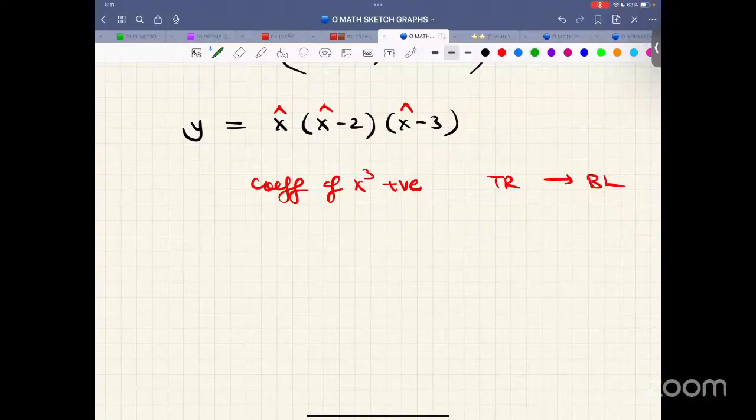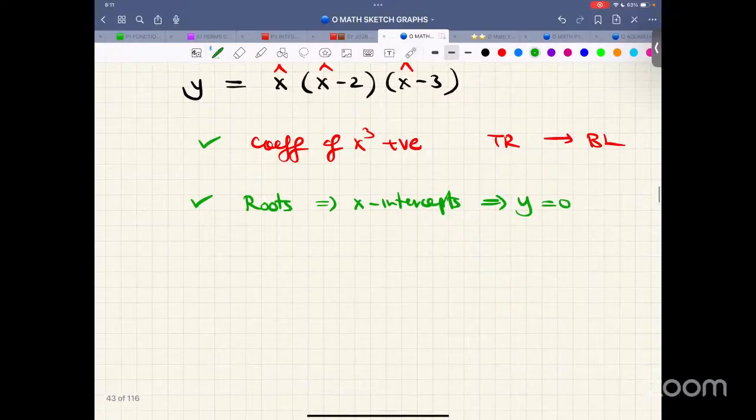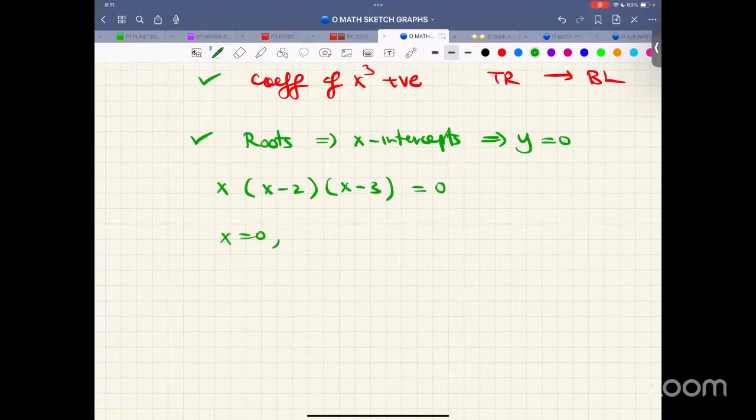And now the additional thing, that is the roots. That means x-intercepts. That means y is equal to 0. So x(x minus 2)(x minus 3) equals 0. Therefore, x is 0. x minus 2 equals 0, x is 2. x minus 3 equals 0, x is 3.